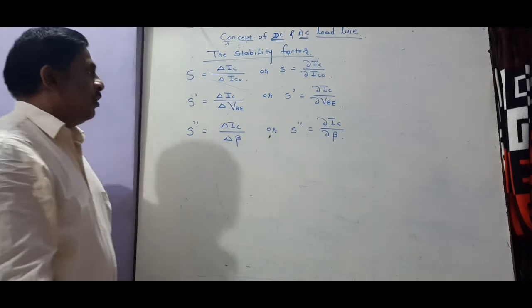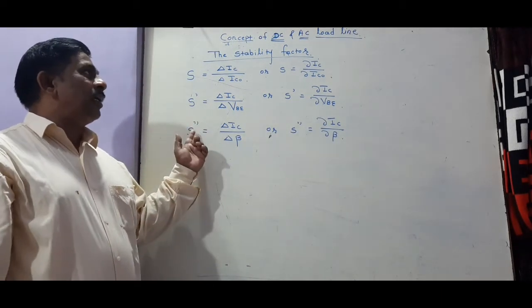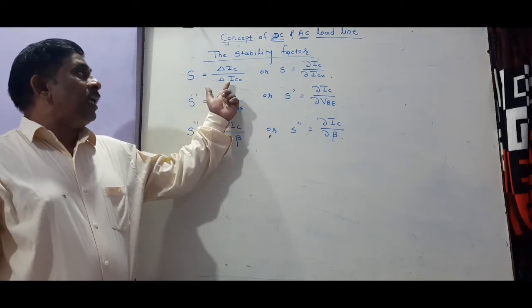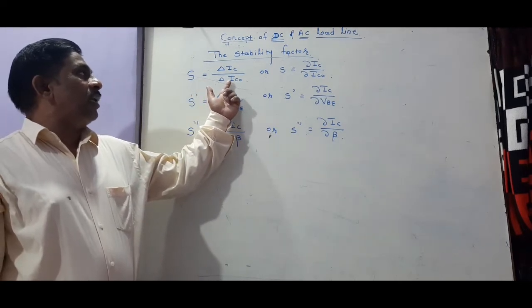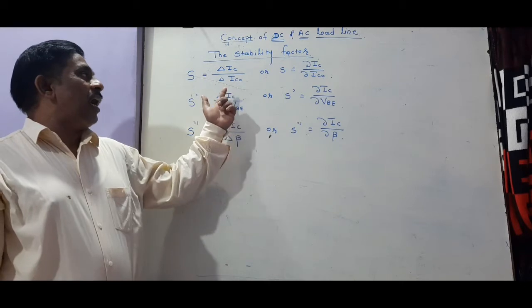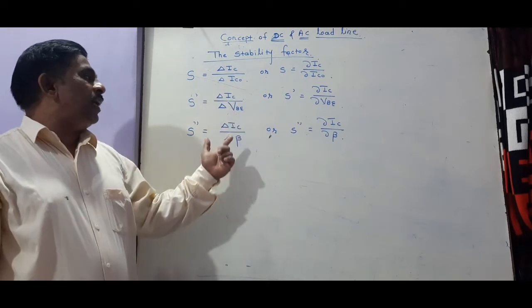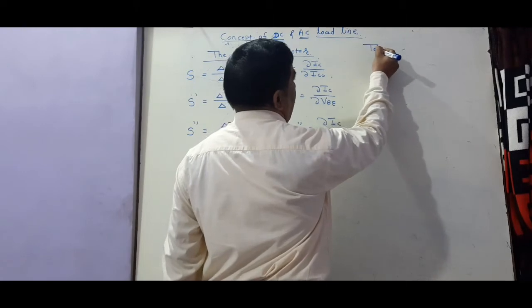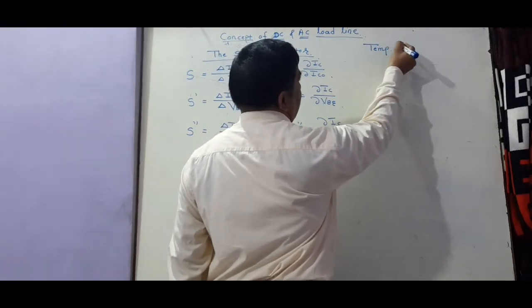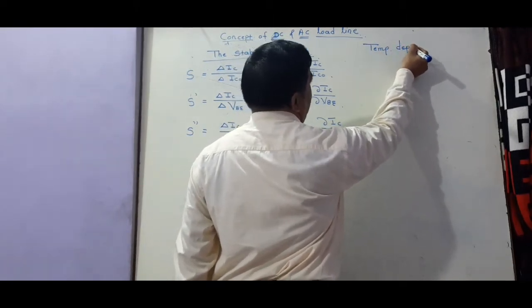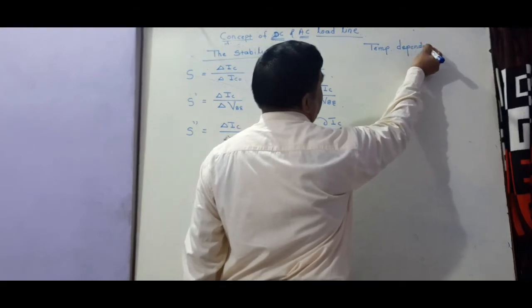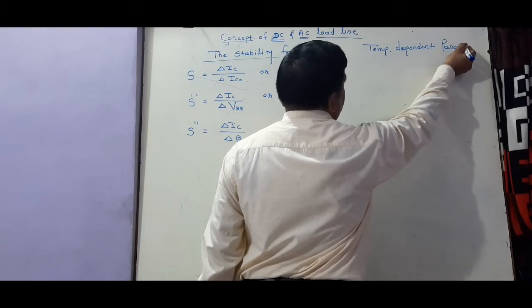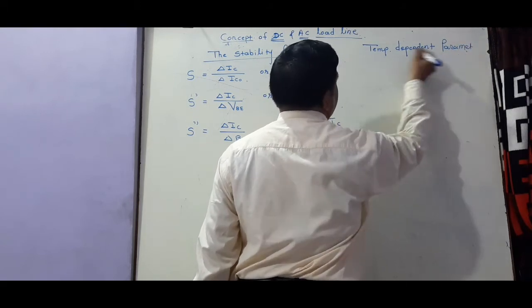Now these three stability factors depend upon the three temperature dependent parameters of the transistor, known as IC0, VBE and beta. These are the temperature dependent parameters of BJT.